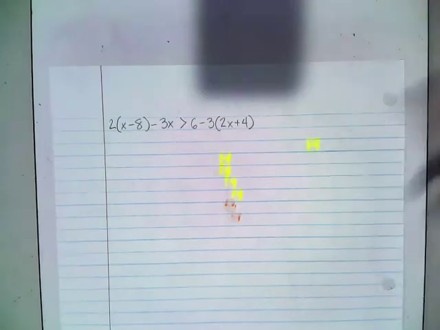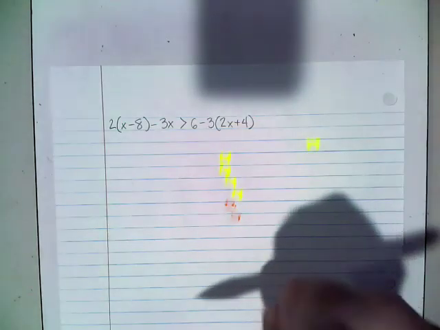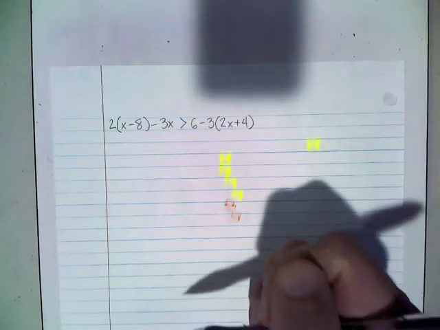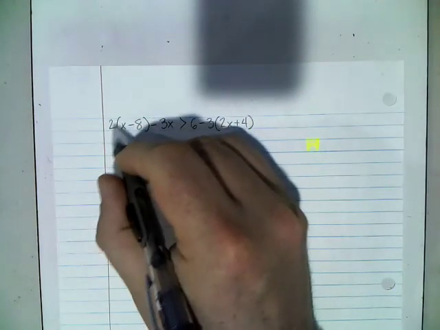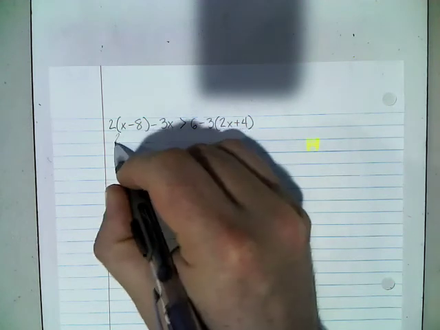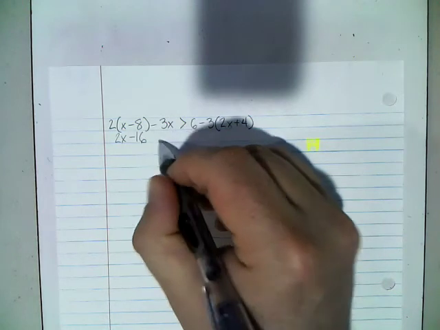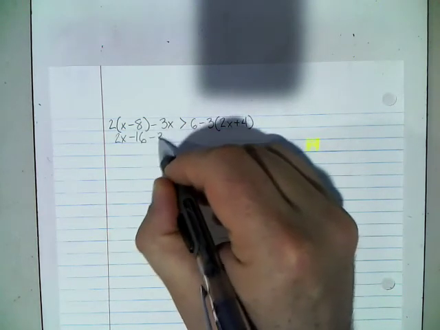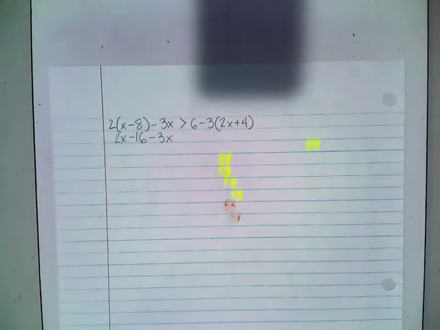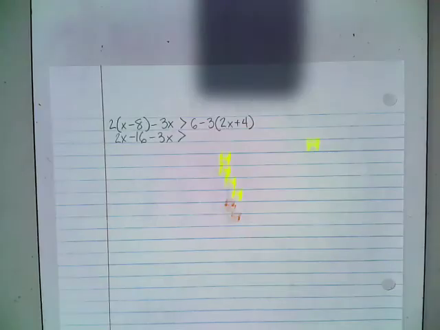All right, let's take a look now. So, first things first, if you listen to what I said earlier in the video, you need to simplify first. So I'm going to take care of my distributive property here. So 2 times x will give me a 2x. 2 times a negative 8 will give me a negative 16. Now this minus 3x is outside of the quantity, so it is unaffected by the 2. Now since all I'm doing is simplifying, the symbol's not going to change for simplifying.